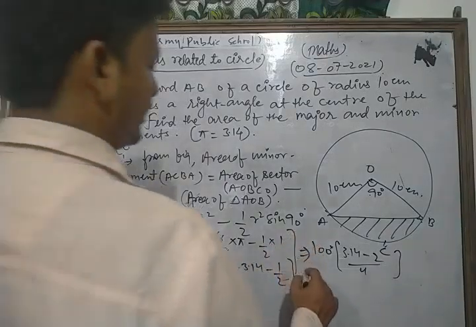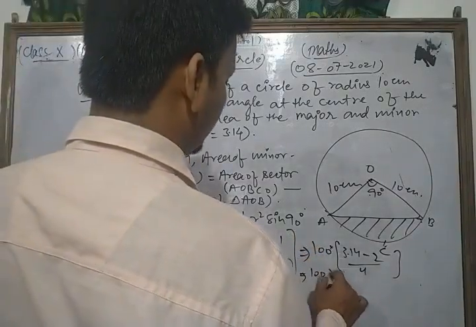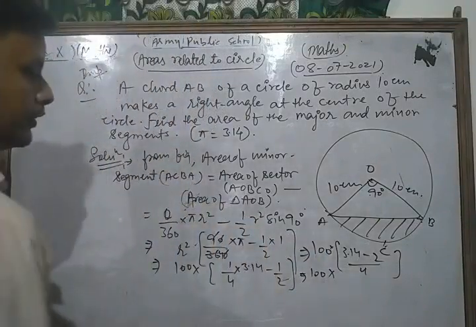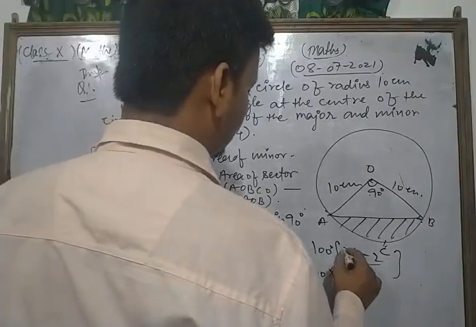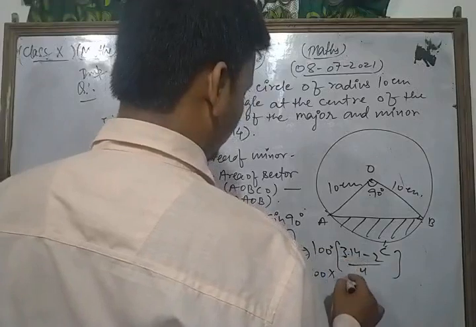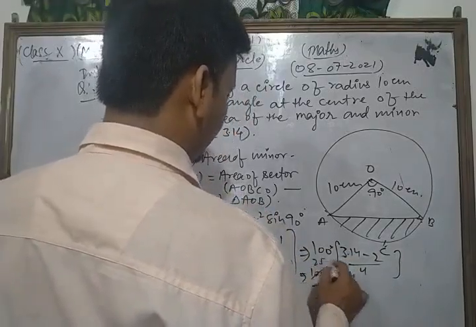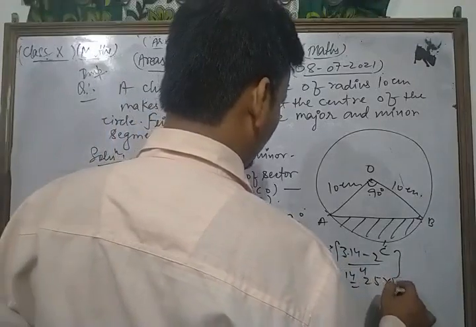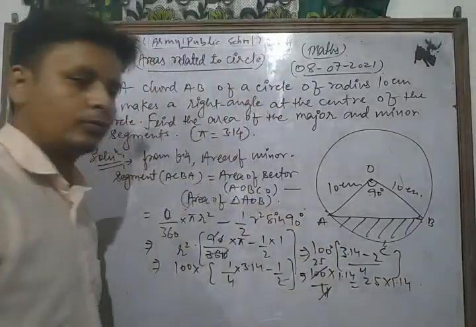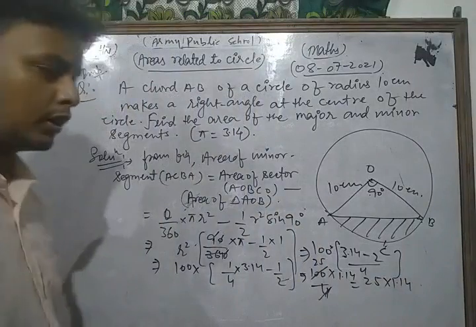Now we simplify them, so we get 100 into, we subtract 2, then we get 1.14 upon 4. Now 25 into 1.14. Now we multiply them.